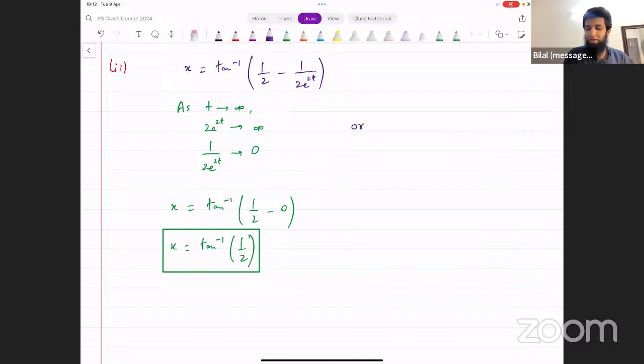Let me show you how that's going to work. So you have x equals tan inverse of 1 over 2 minus 1 over 2 e raised to the power 2t. Put this function in your calculator, and instead of t, write down a large value.